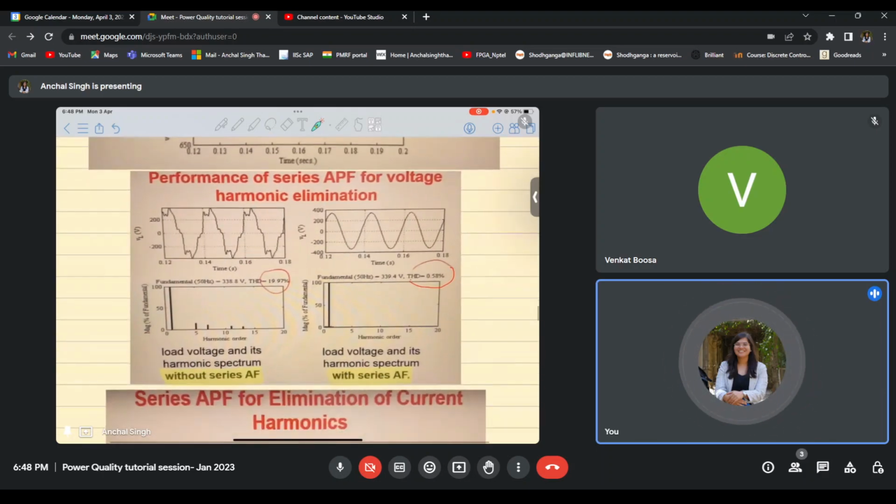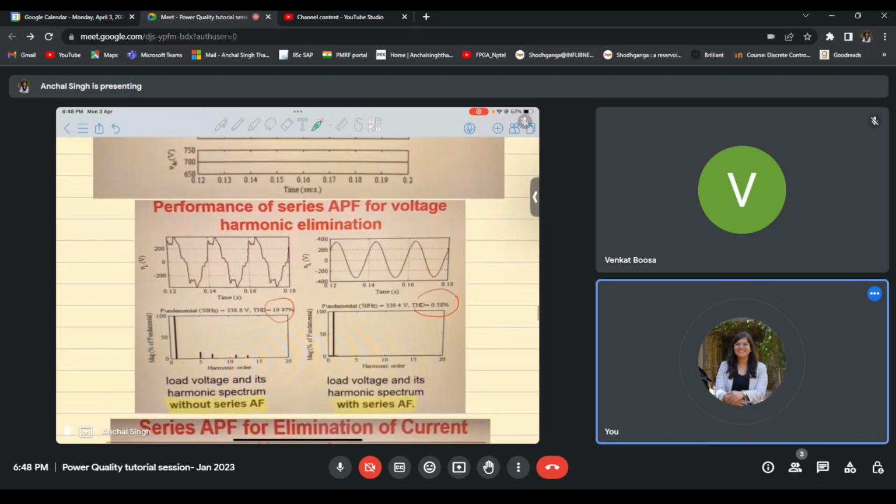And if you look at the harmonic content, the load voltage would have looked something like this without the presence of the series power filter. The THD in this particular case, if you measure, comes out to be approximately 19%.